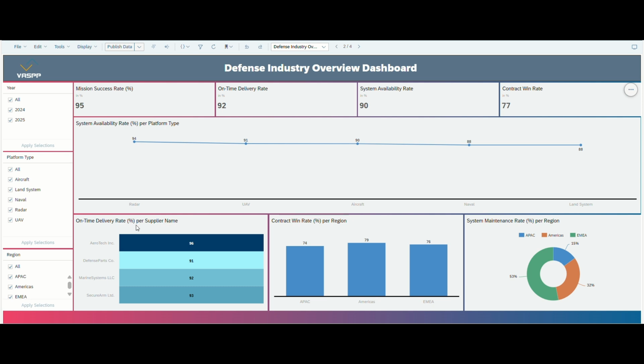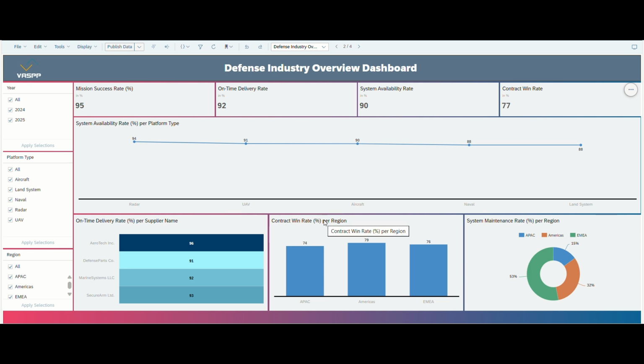The on-time delivery rate per supplier further strengthens visibility into supply chain performance. Aerotech Incorporated takes the lead at 96%, followed closely by Marine Systems at 92%. Secure Arm Limited and Defense Parts Incorporated both maintain consistency with 92.7 and 92.6% respectively, showing strong supplier reliability across the board.